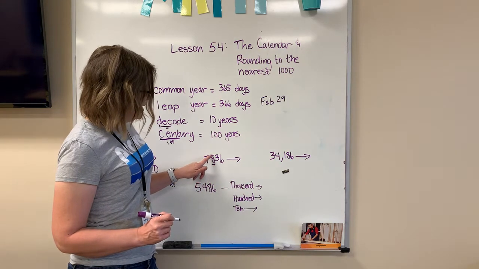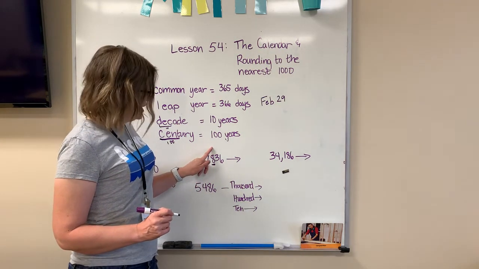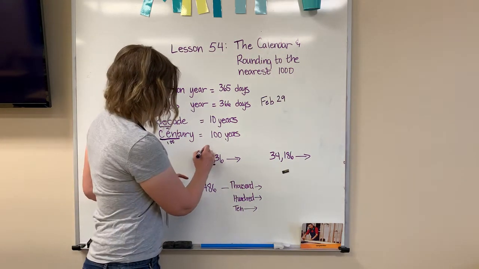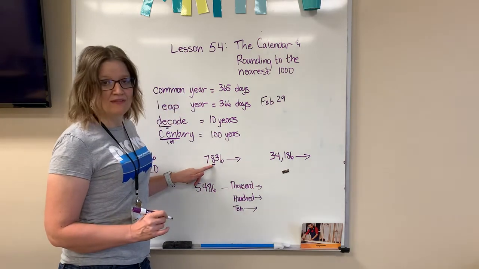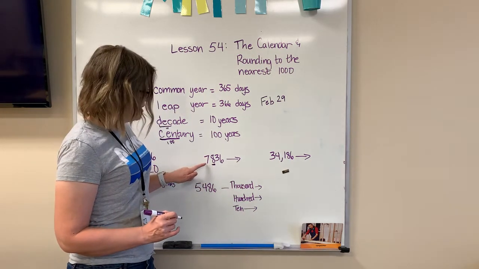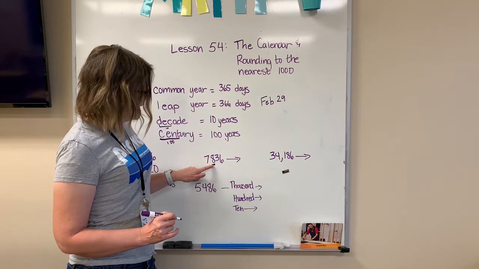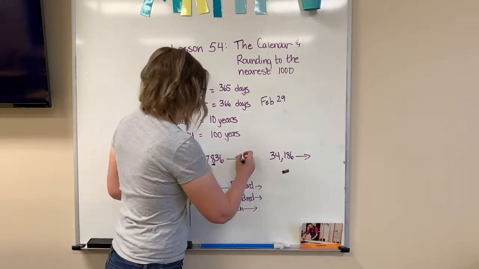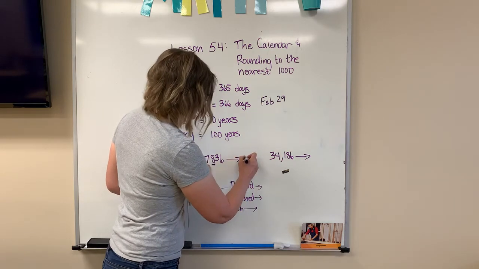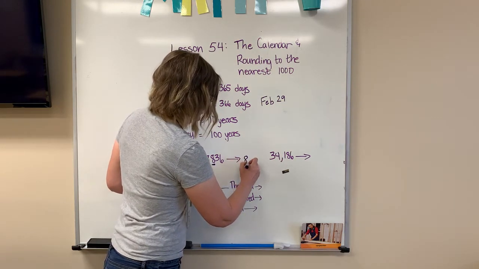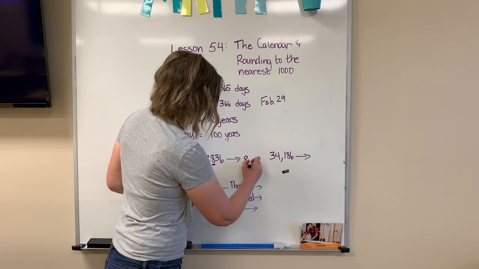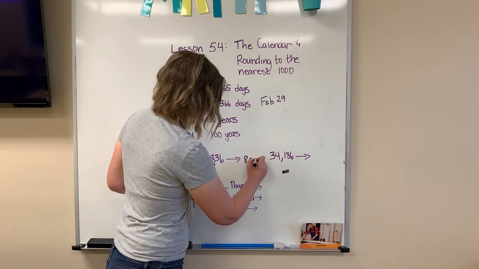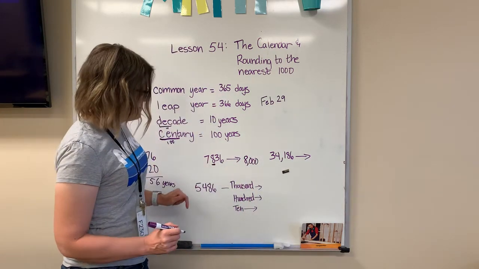If this is 5 or greater, then we round up. If it's less than 5, we round down. We have an 8 next to our 7, so we definitely need to go up. We change our first digit to 8,000, and we round that up.